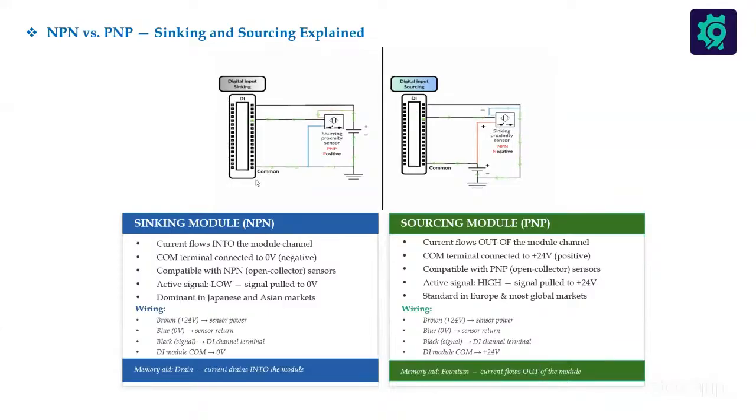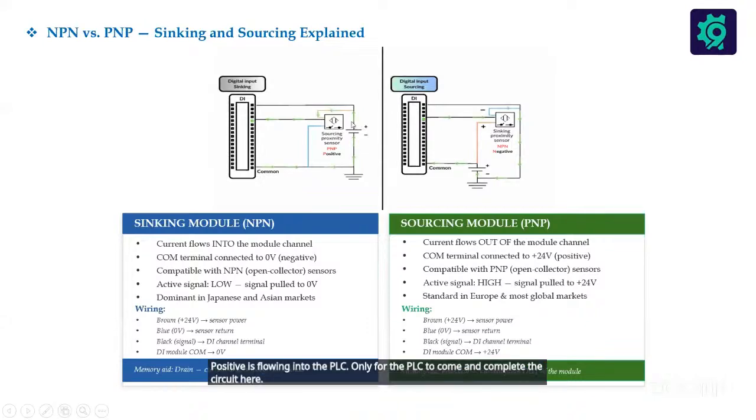When the PLC sees a signal of 0 volt. Yes, sir. So if you look at the true circuit at the end of the day, see the signal is from this end now, positive is flowing into the PLC, only for the PLC to come and complete the circuit here. Are we together? Yes, sir.